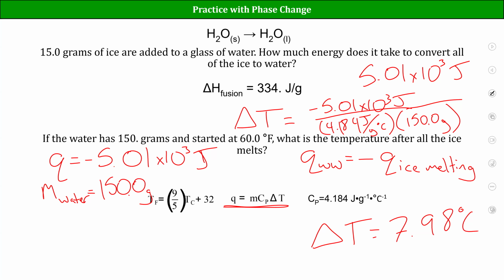When you think about it, I took a big ice cube and I put it into a glass of water. The ice is gonna melt before the water gets all the way cold if it's just a single ice cube, right? That seems like a reasonable number. We do get to keep all those sig figs, good.